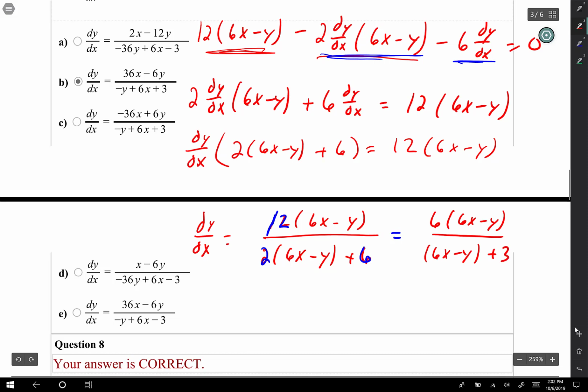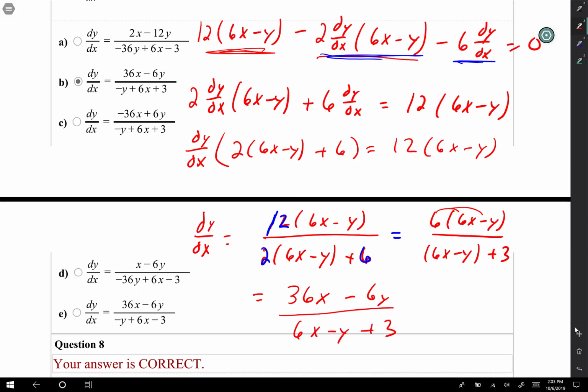Now I can take out the parentheses in the denominator, and I can distribute this on the top like that, see? So my final answer: 36x minus 6y over 6x minus y plus 3.